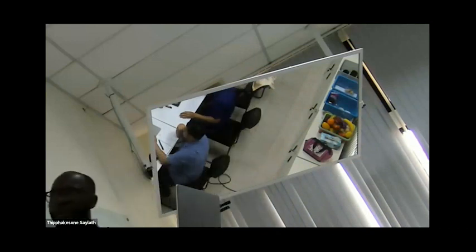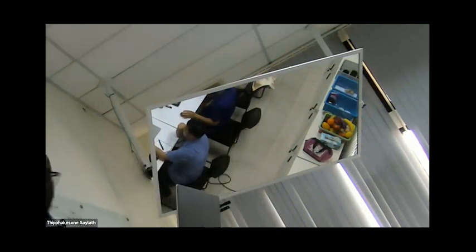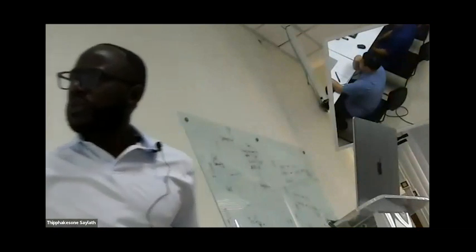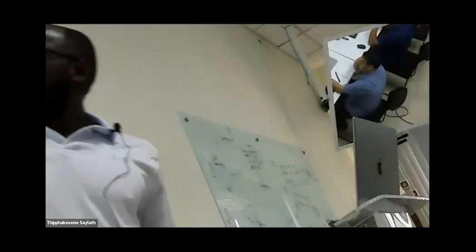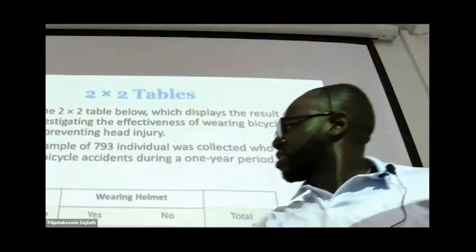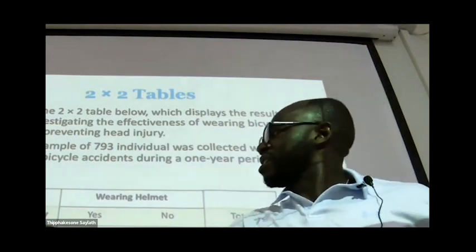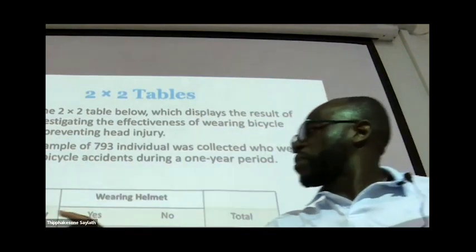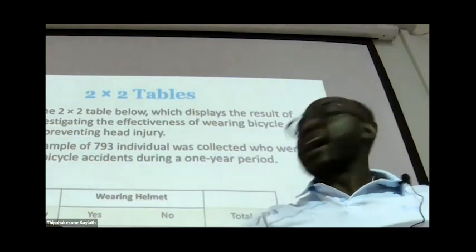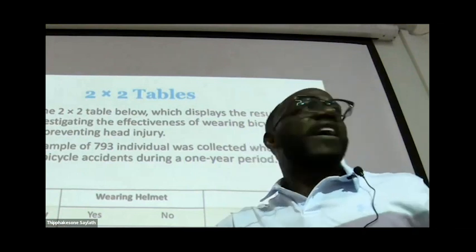All right, so let's look at this example. We have a table right here. What we did, we really wanted to know whether or not people who are involved in accidents had head injuries, and we also recorded whether or not they were wearing helmets.